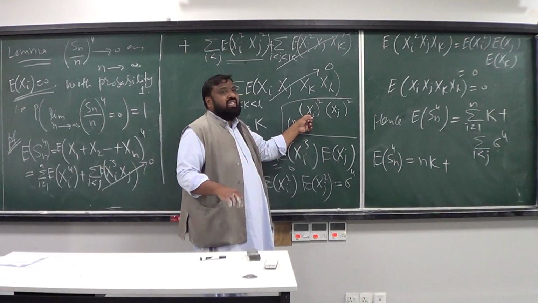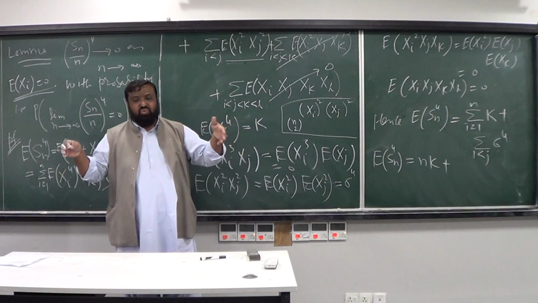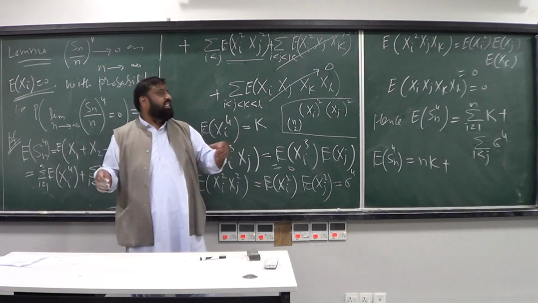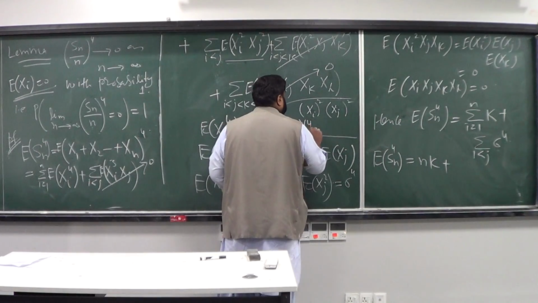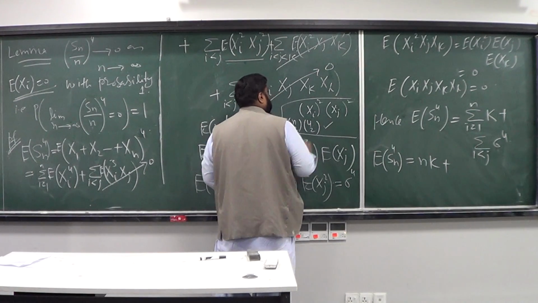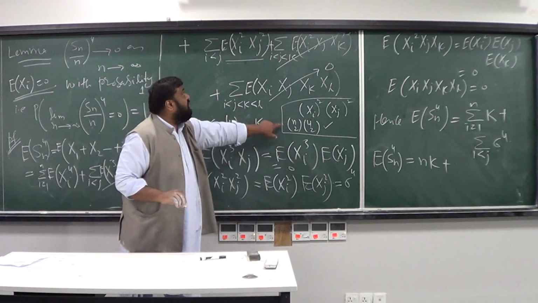In how many ways out of 4 brackets can I choose 2 brackets from which I take xi? So this is going to be 4 choose 2. This is the total number of terms of this type.